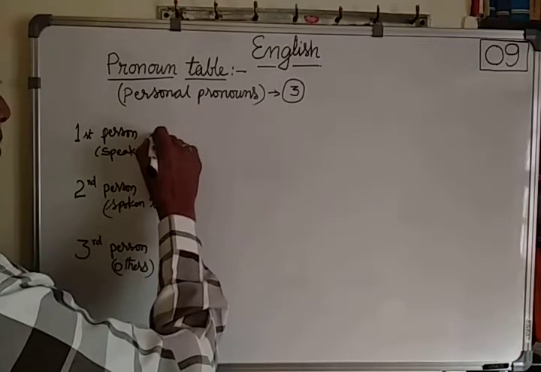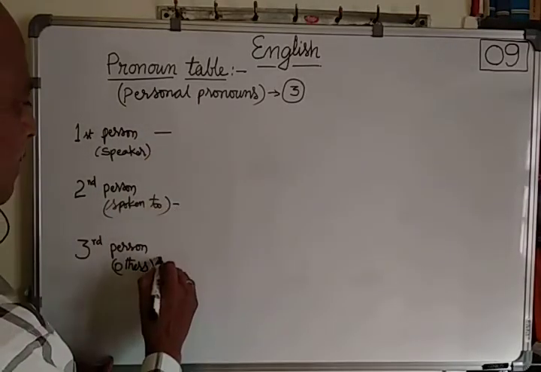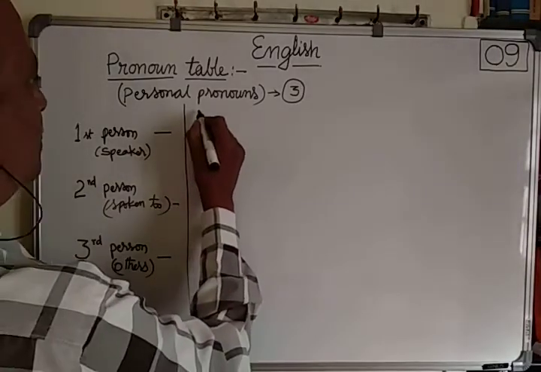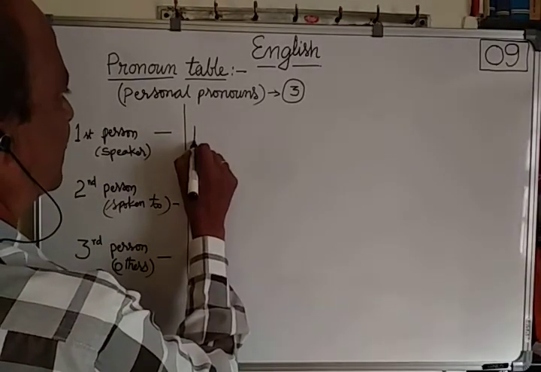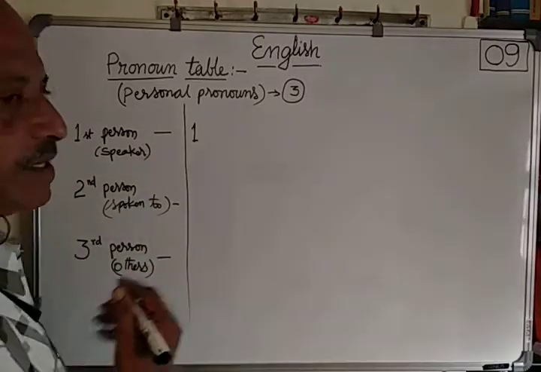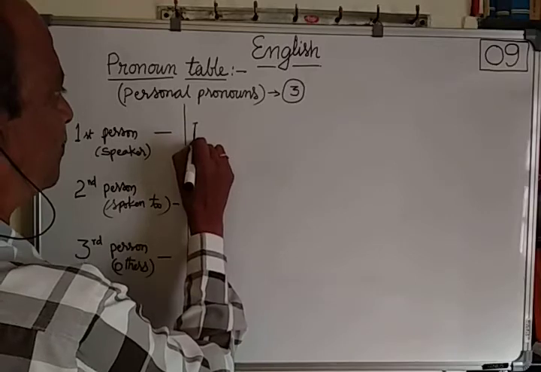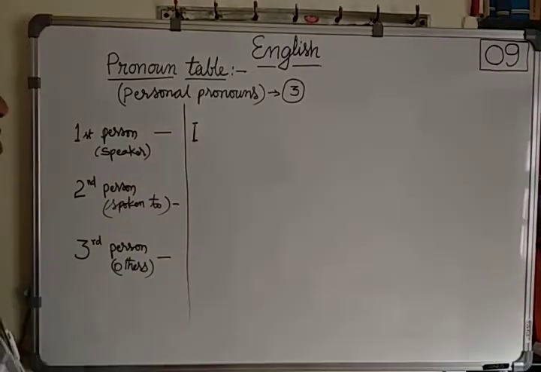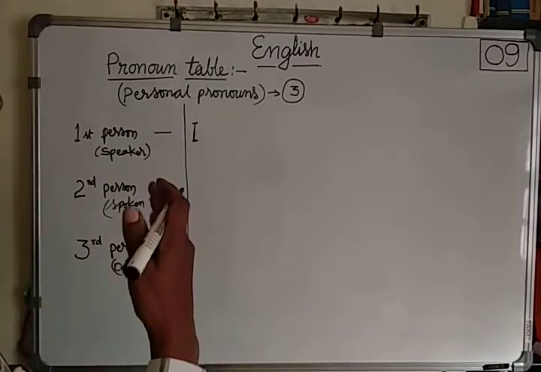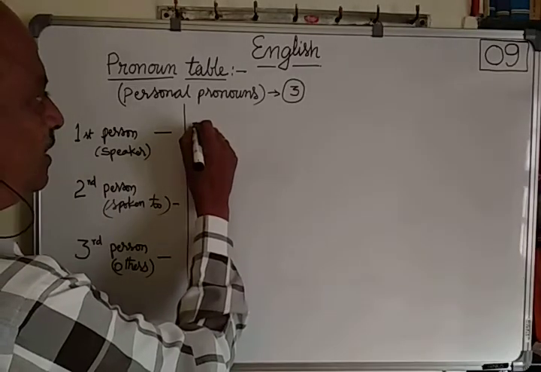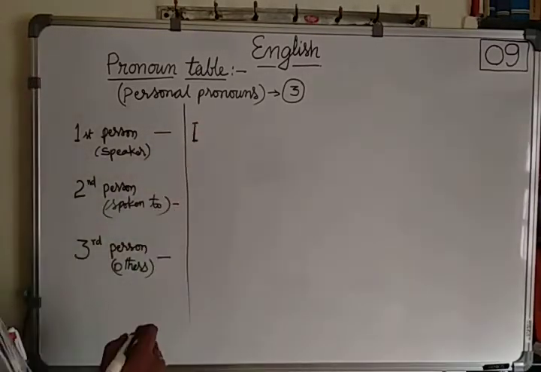Now let us find out which are they. First person is I. I am the speaker, so it's not number 1, it is I. What is the equivalent of I in the second person?